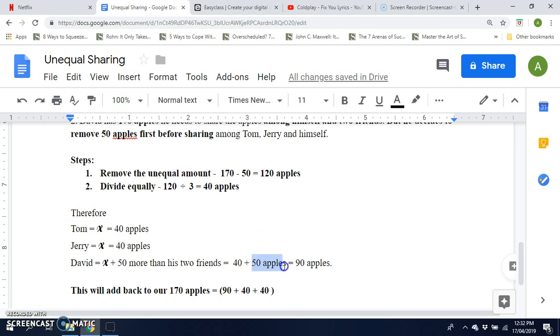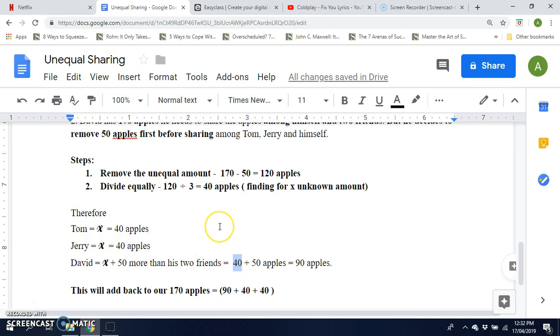So when I share equally, that is where I am finding out for X. This is finding for X, for what is the unknown amount. I don't know how much, so I am sharing. Afterwards, you have 40, 40, and 40. Remember, Tom gets 40, Jerry gets 40, David gets his 40.